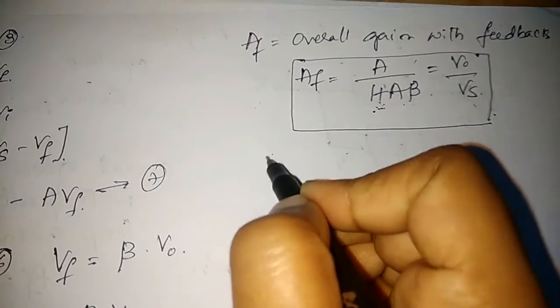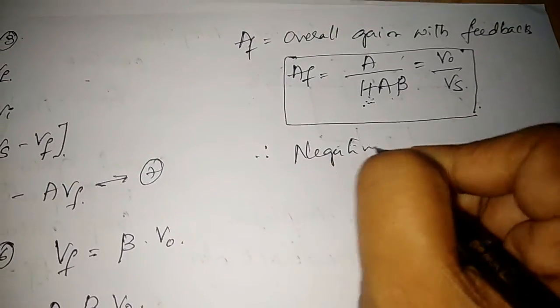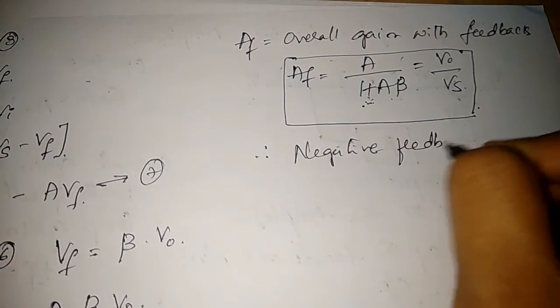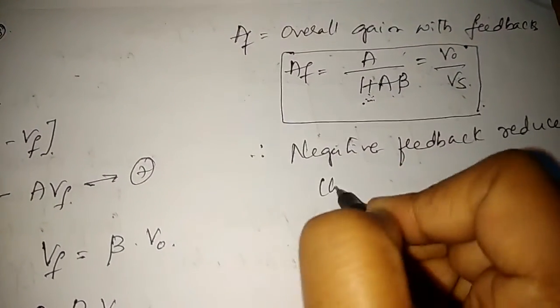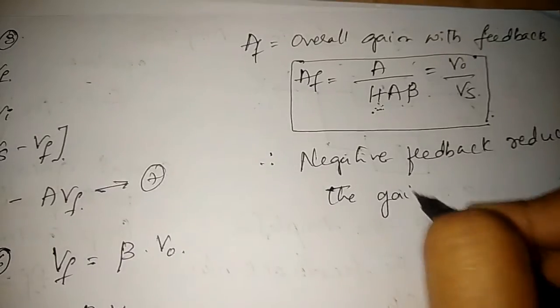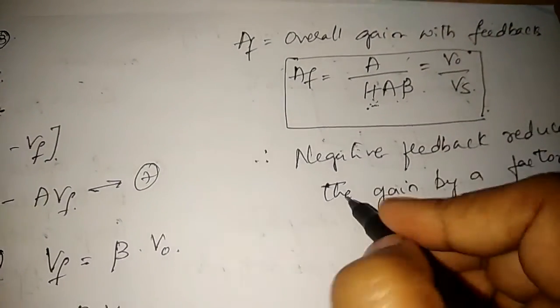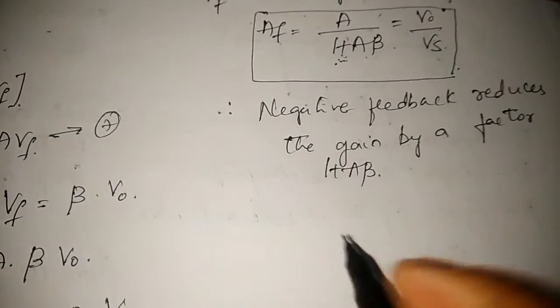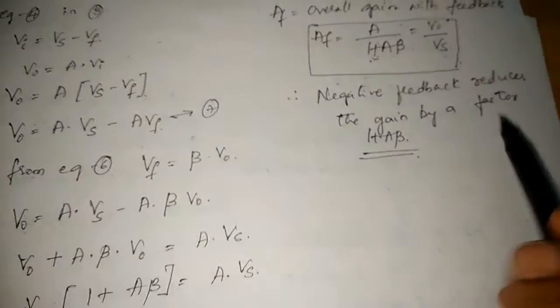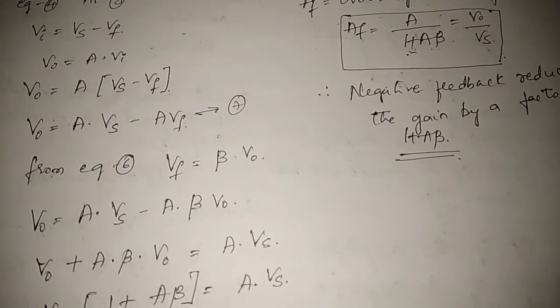So we can write, therefore, negative feedback reduces the gain of the amplifier by a factor, how much is the factor? It is 1 plus A beta. This is how you need to show that negative feedback reduces the gain by a factor of 1 plus A beta.